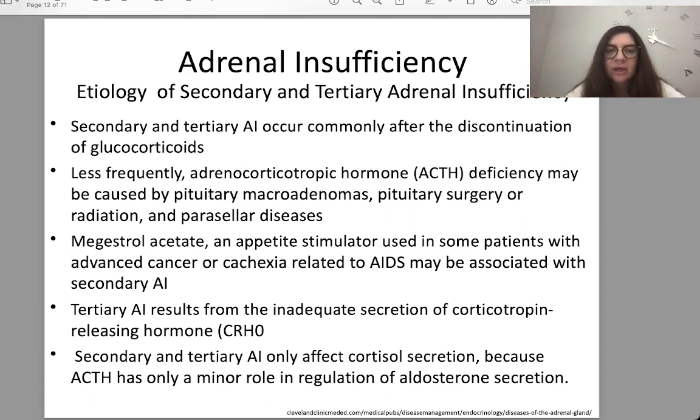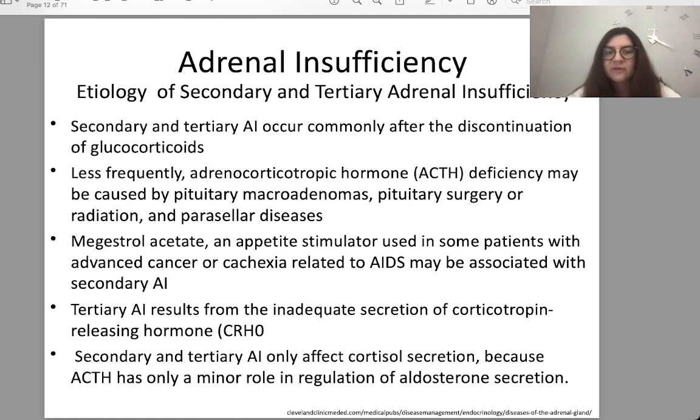Secondary and tertiary adrenal insufficiency occur commonly after the discontinuation of glucocorticosteroids. Less frequently, adrenocorticotropic hormone deficiency may be caused by pituitary macroadenomas, pituitary surgery or radiation, and parasellar diseases. Megestrol acetate, an appetite stimulator used in some patients with advanced cancer or cachexia related to AIDS, may be associated with secondary adrenal insufficiency, the same mechanism.